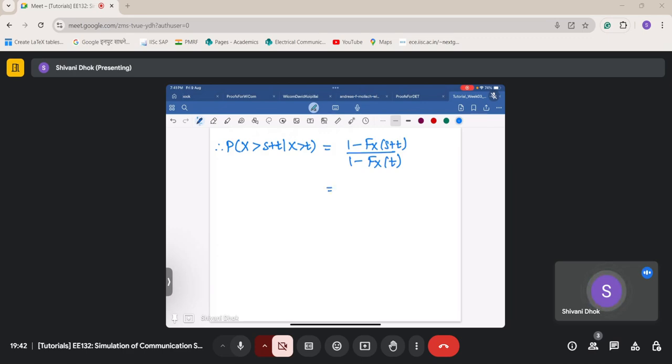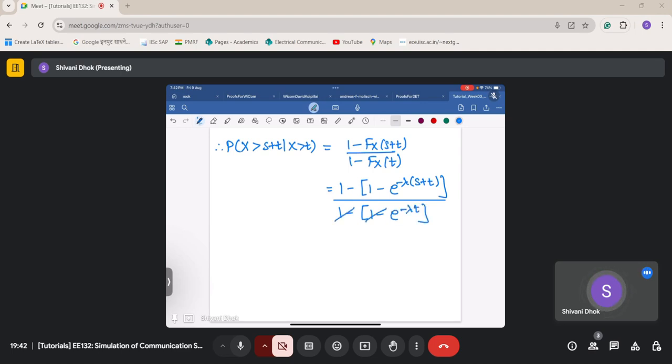This comes out to be equal to 1 minus e power minus lambda into s plus t divided by 1 minus e power minus lambda t.